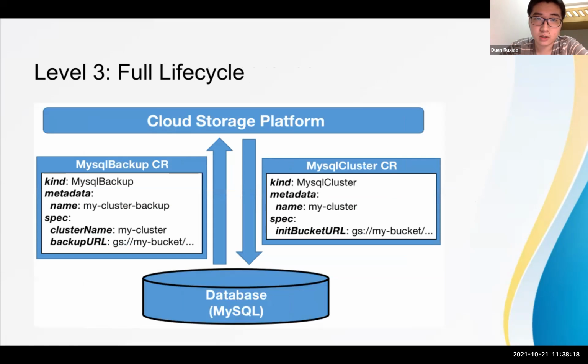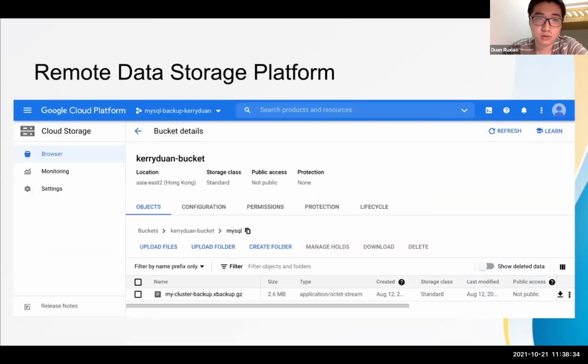And for the full life cycle, that is the data backup, we can use a cloud storage platform to achieve this goal. AWS or Google Cloud Storage can all be possible options. Here we can choose Google Cloud Platform as a remote storage platform, just for demonstration.